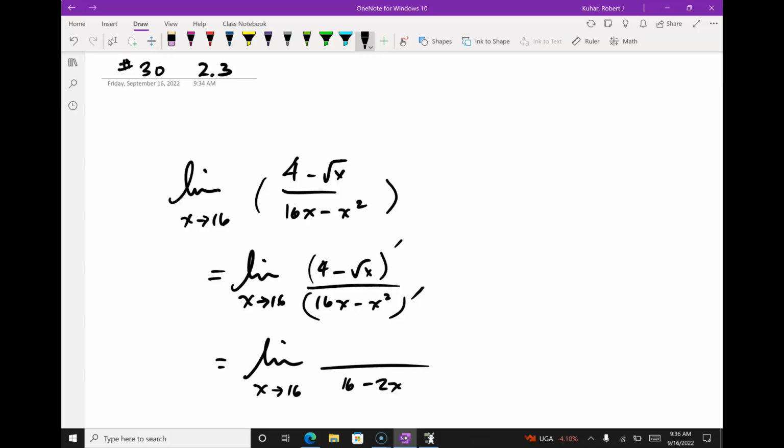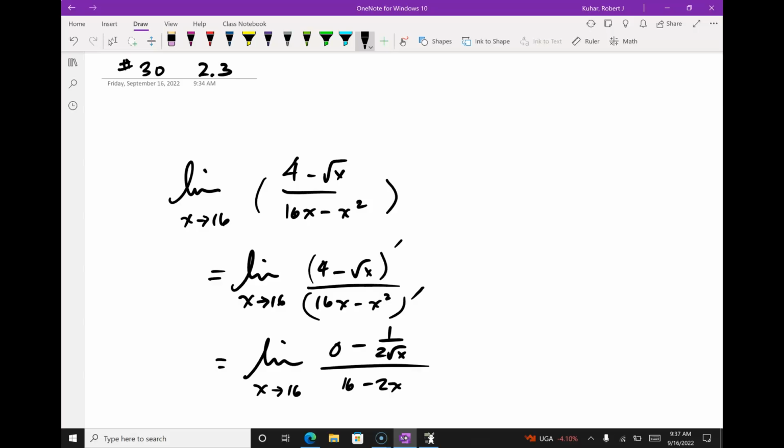I'm already seeing if I plug 16 in there, I don't get a 0, so I'm good. What about upstairs? Zero minus 1 over 2 square root of x, yeah.